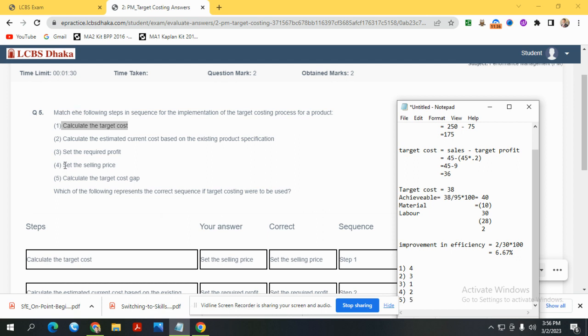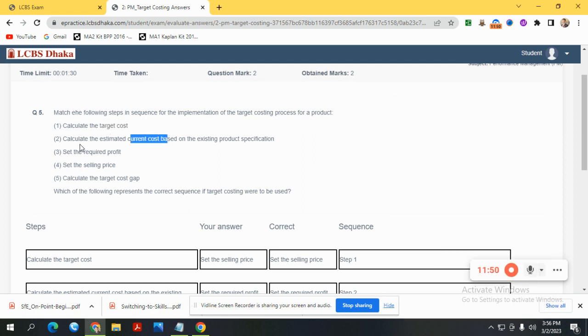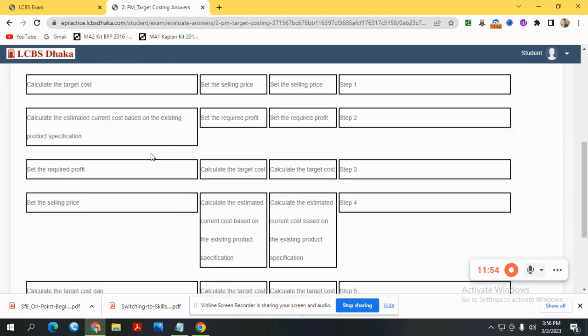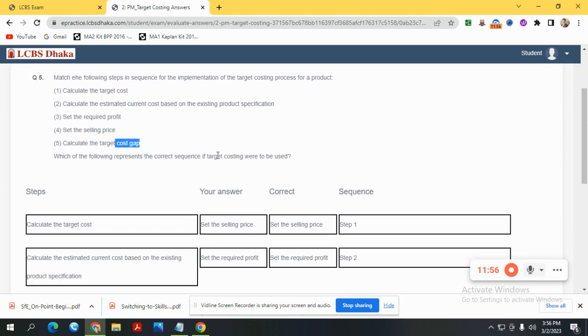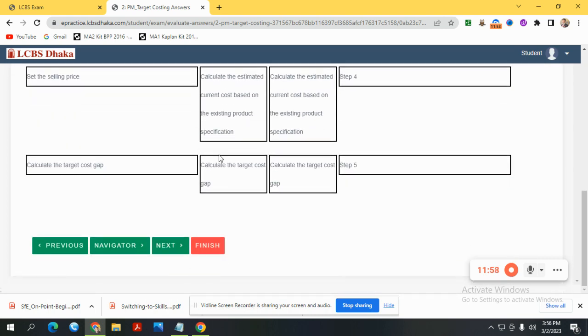So the sequence is first set the selling price, then set the required profit margin, then calculate the target cost, then calculate the present or current cost, and lastly calculate the cost gap. So that should be the answer, and whoever did this got it correct. Okay.